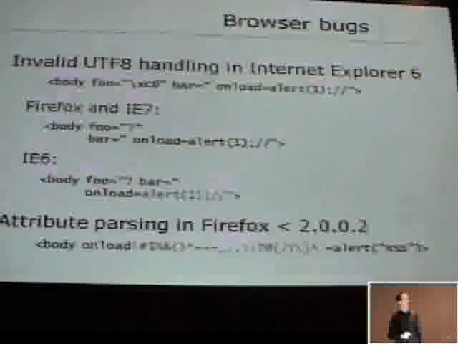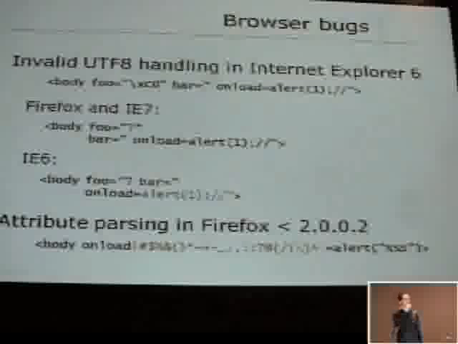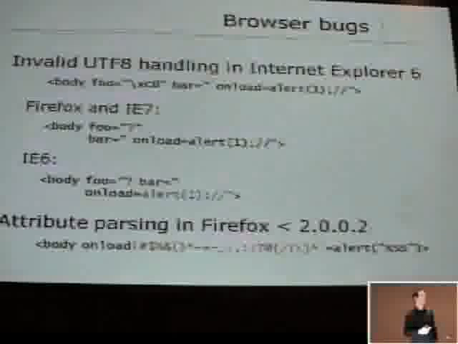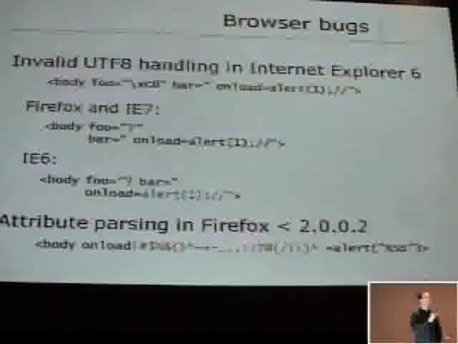So if you can inject a C0 byte inside an attribute, that C0 byte will eat the next quote, and you'll see that Internet Explorer 6 will interpret this element as having 2 attributes, the second one of which is an onload attribute, which allows you to execute JavaScript.